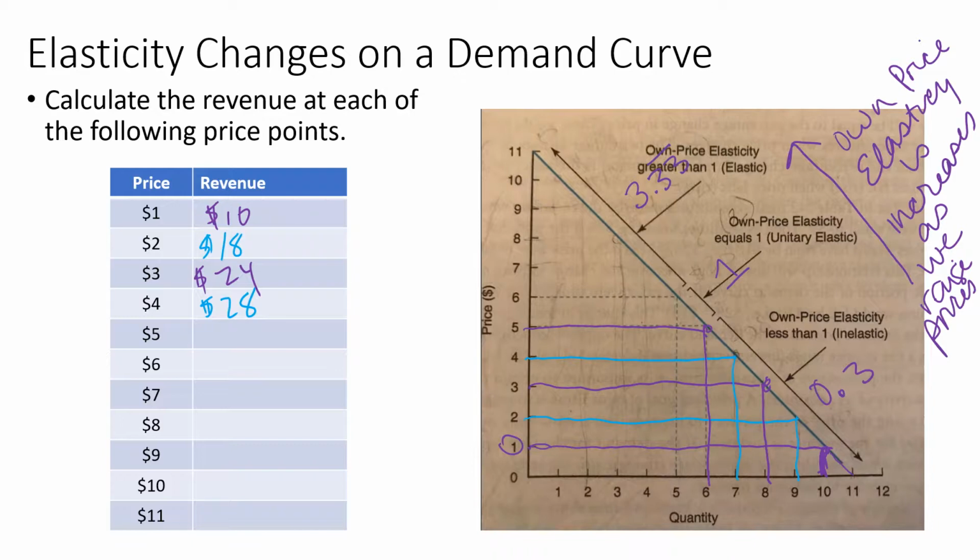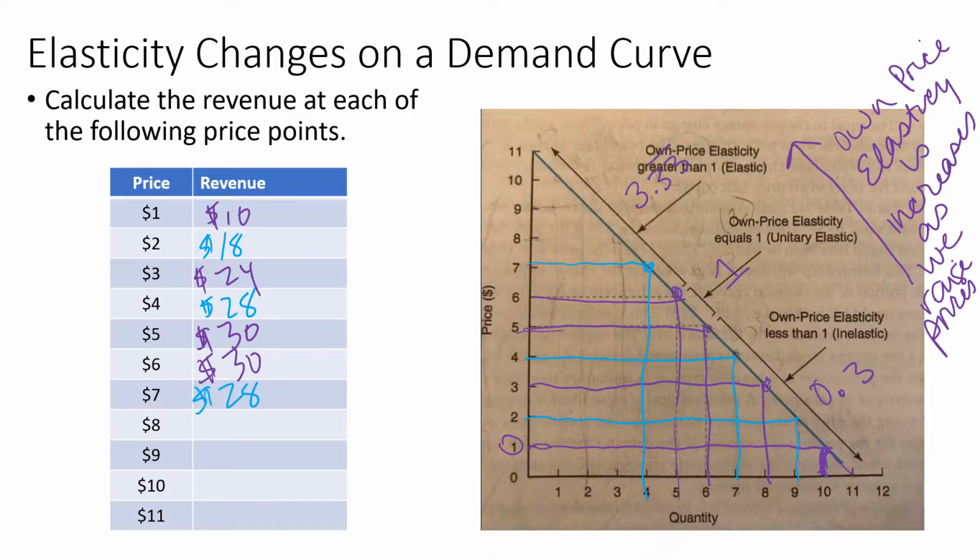Our revenue at $5 is 5 times 6, because we're selling 6. So that's $30. Our revenue at $6 is 6 times 5, which is $30. Revenue at 7 is 7 times 4, which is 28.